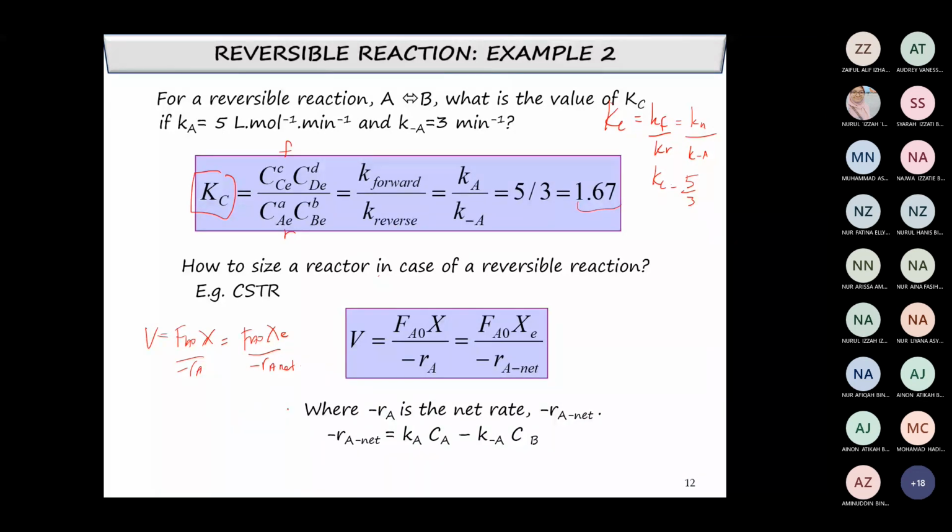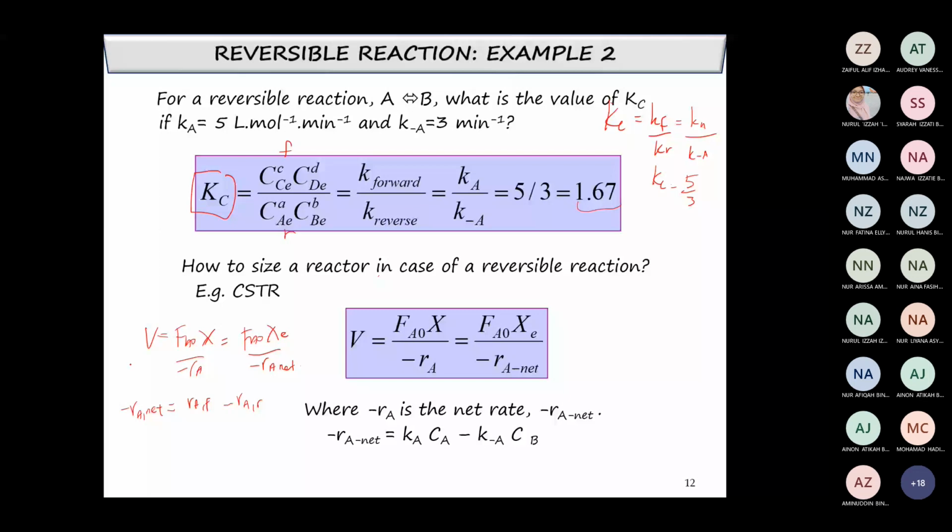You kena ikut macam previous slide yang I tunjukkan you. Okay, which is negative RA net is equals to RA forward minus the RA reverse. Okay, make sure you punya ni kena betul. Kalau you buat RA net sini positif, sini kena negatif, ni positif.